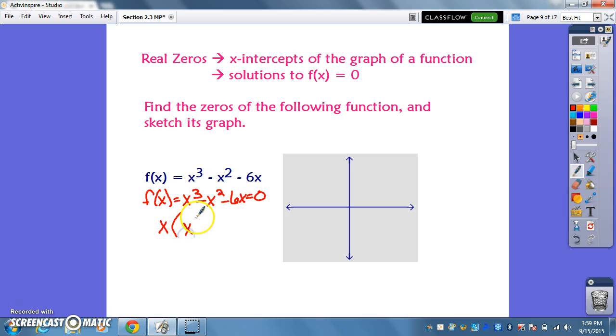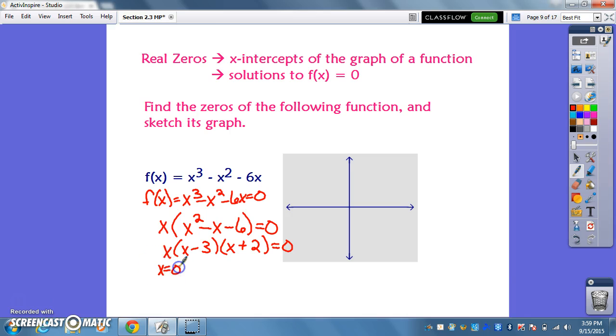When I factor that out, that's going to leave me x squared minus x minus 6. And then that quadratic will factor again to be x minus 3, x plus 2. Alright, so this gives me 3 real zeros.